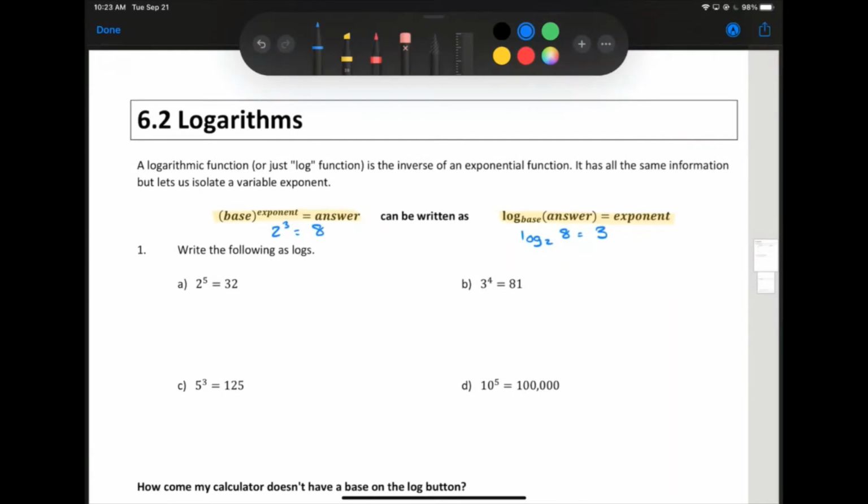So here we have some exponential equations. 2 to the 5 equals 32. I'm just going to rewrite that as log base 2 of 32 equals 5. And what that's really saying is, for the base of 2, what exponent gives me this answer?